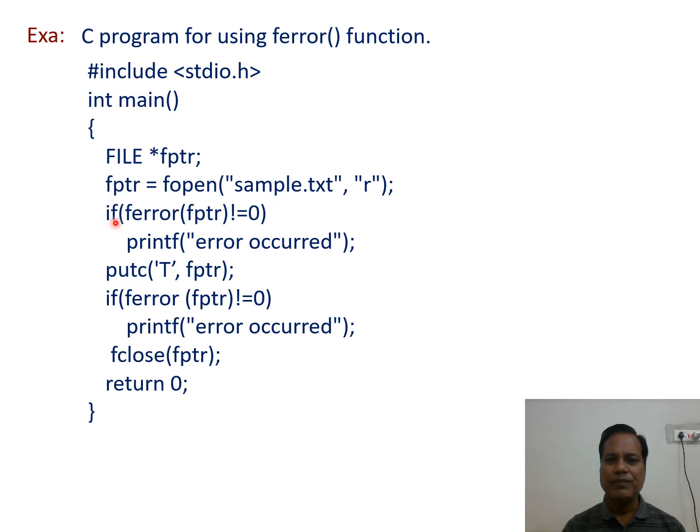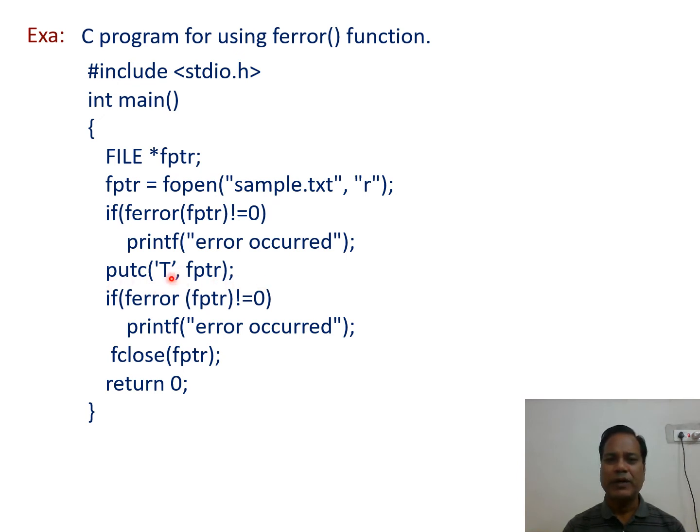Then if ferror(fptr) not equal to 0, if this condition is true, then the error message is printed on the output screen. If the condition is false, that is, the file is opened, in that case putc(t, fptr).